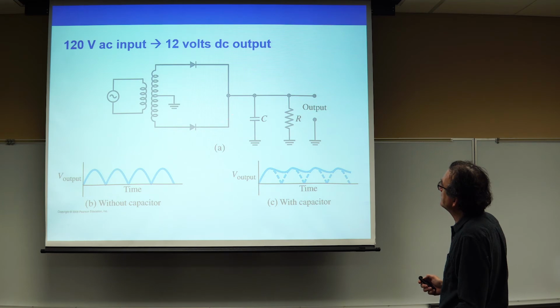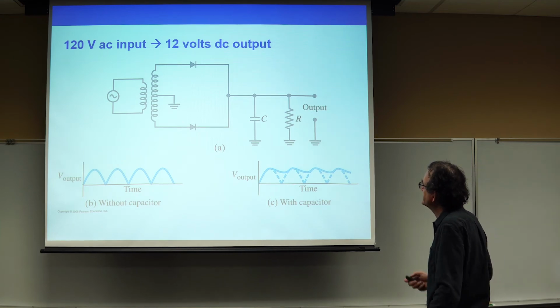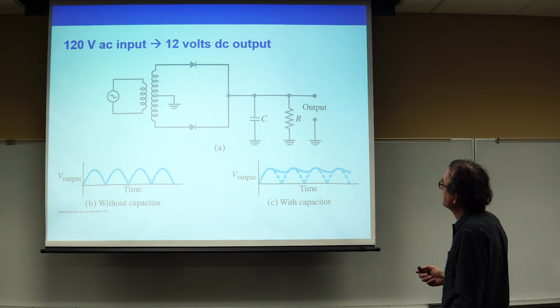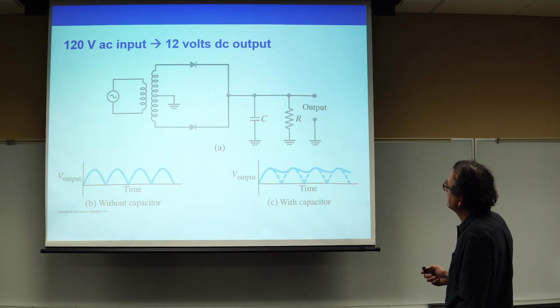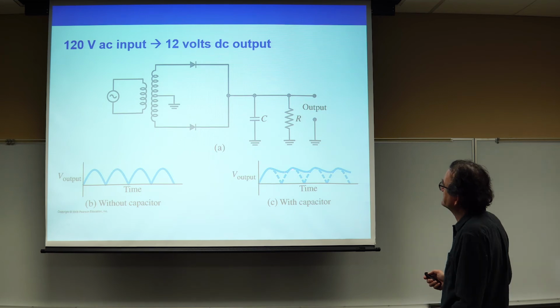And the output of that is a wave that goes up and down only between 0 and plus 12. It oscillates up and down. And as discussed in your book, if you put a capacitor at the end of the circuit, it has the effect of smoothing the voltage so that before the voltage can drop back to 0, the next pulse comes along and keeps it bumped up again.